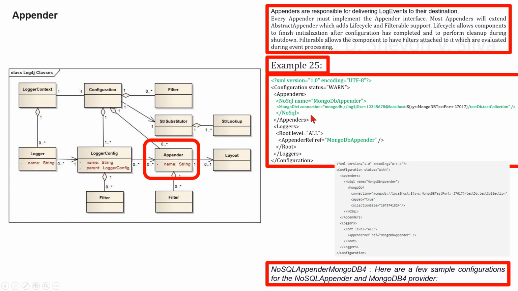MongoDB4 provider parameters. Connection, string, required: the MongoDB connection string in the format mongodb://username:password@host1:port1,host2:port2, etc., then /database.collection.